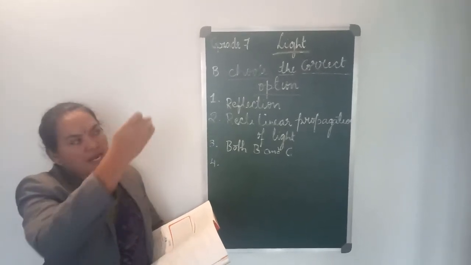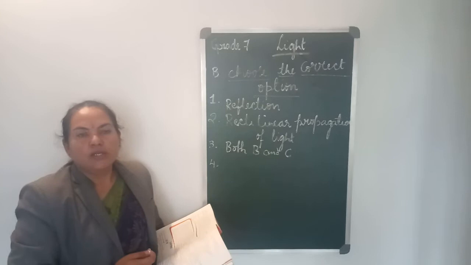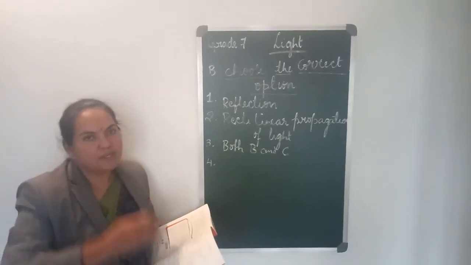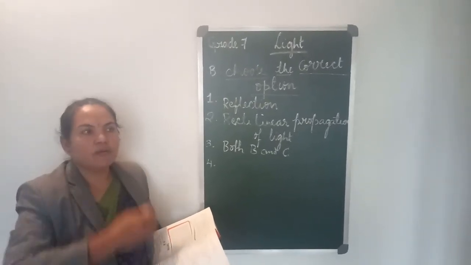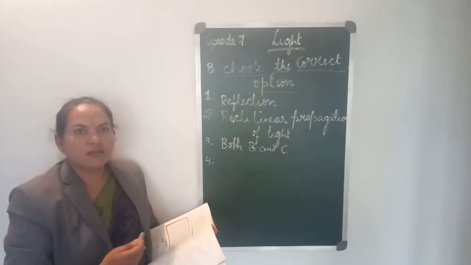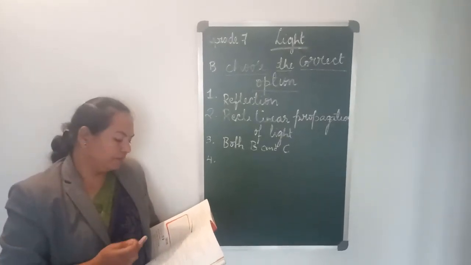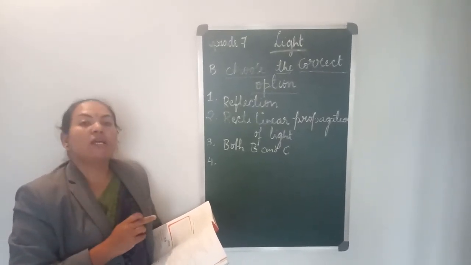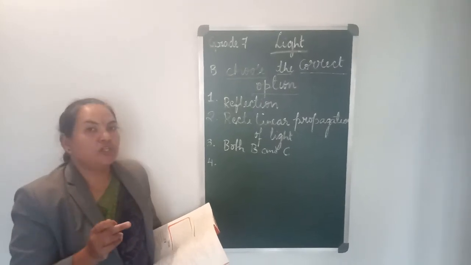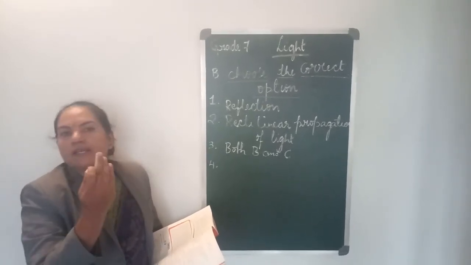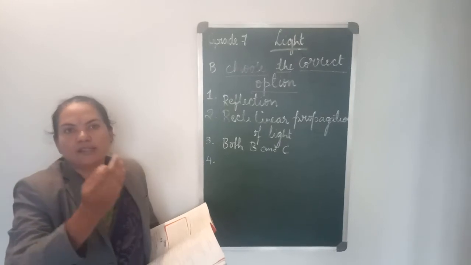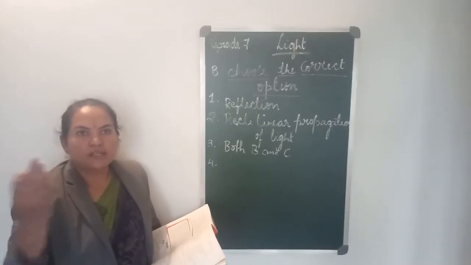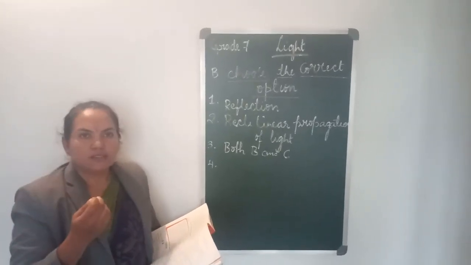See, if you stand in front of the mirror, your image will be upright. Upright means straight, isn't it? The way you stand, the same way the image will be formed. Virtual or real? It is virtual because you cannot catch it on a screen, isn't it? The image cannot be caught.